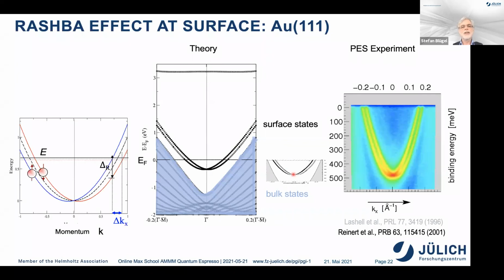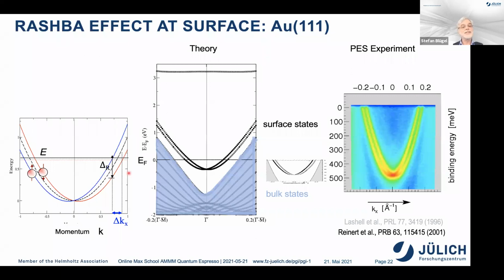And if you look a little bit more with a zoom into it, you see the degeneracy at each K point is lifted. You see here you have a relation between the spin and the momentum. Here you have the spin up states. Here you have the spin down states.